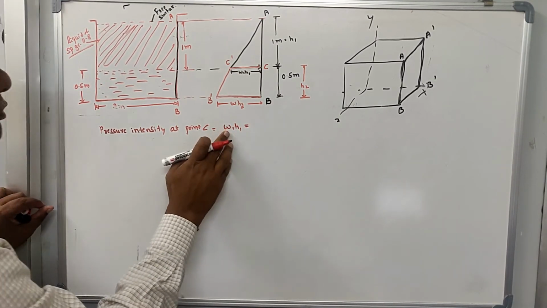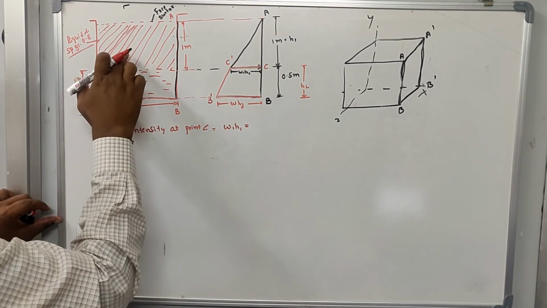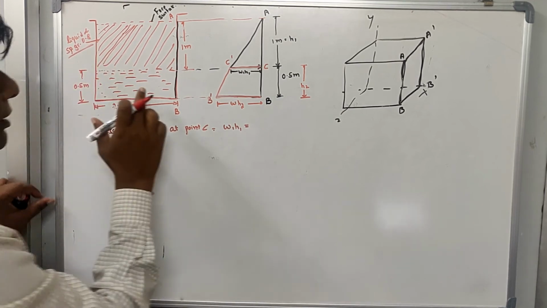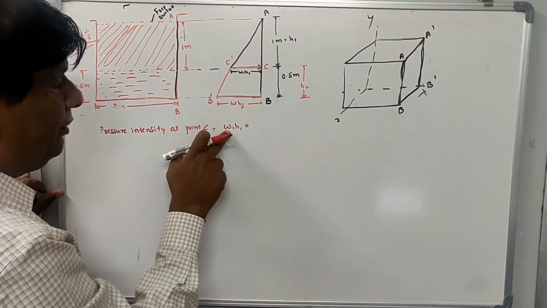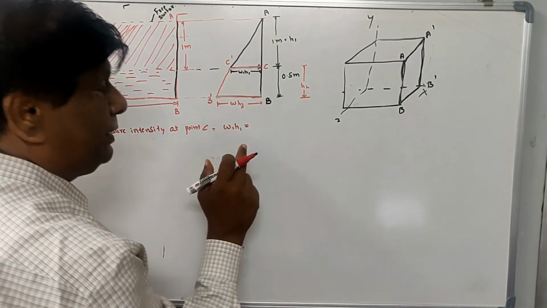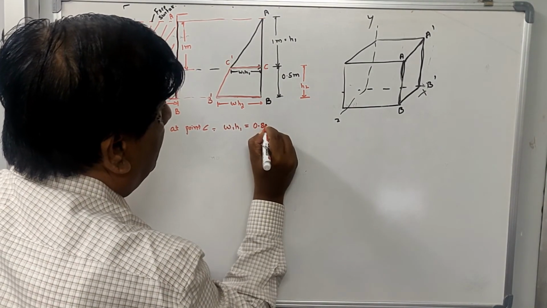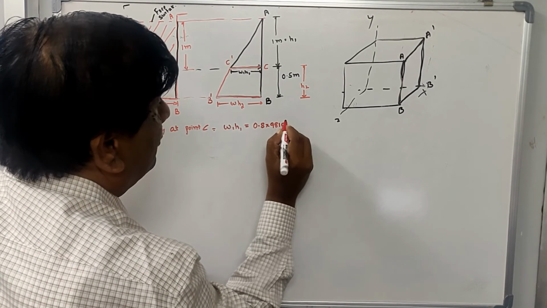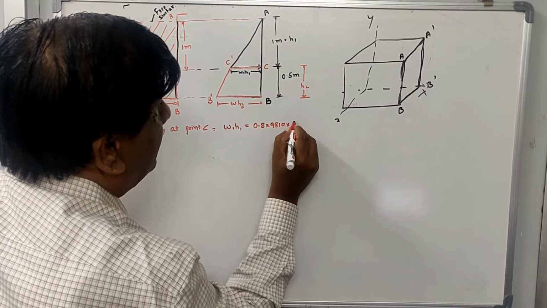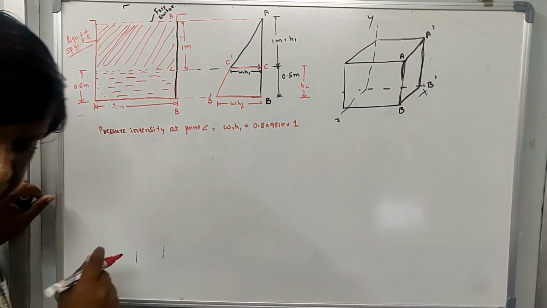W1 is the specific weight of the liquid having specific gravity 0.8. So W1 is equal to the specific gravity of this liquid multiplied by the specific weight of water, so 0.8 times 9810, multiplied by the height H1, which is 1 meter.